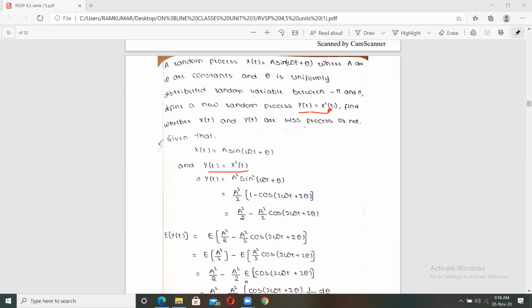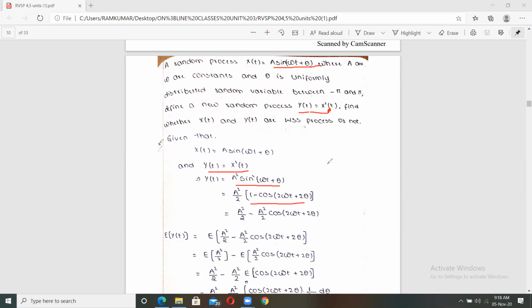First we have to define y of t. Y of t equal to x square of t. That means x of t whole square. What is x of t? A sin omega t plus theta. Right? To square x of t, it is a square sin square omega t plus theta. If we divide it by 2 and multiply with 2, it becomes a square by 2 of 1 minus cos.